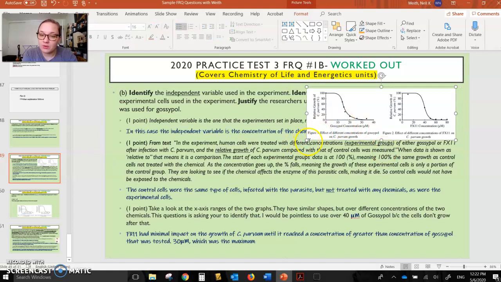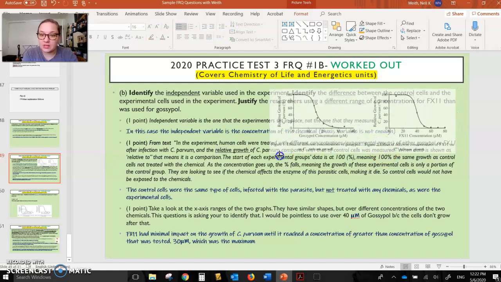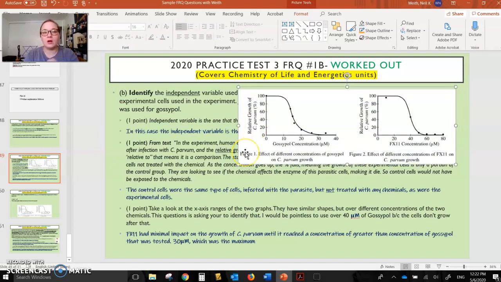When you're looking at relative growth, it's a comparison of the one that you're observing, with the chemical treatment, to the one that's growing just fine without the chemical. So that's the relative growth. You can see the experimental group starts at 100 when there's no chemical added, so that's like the control.